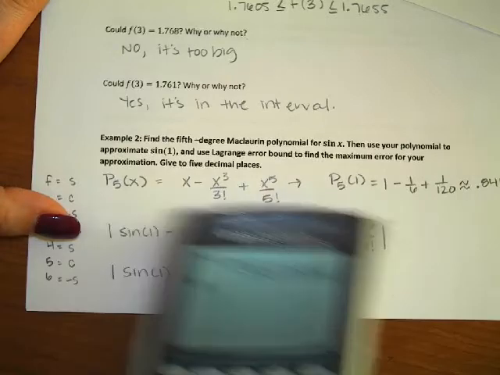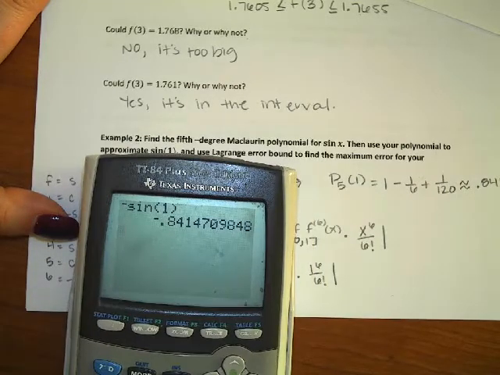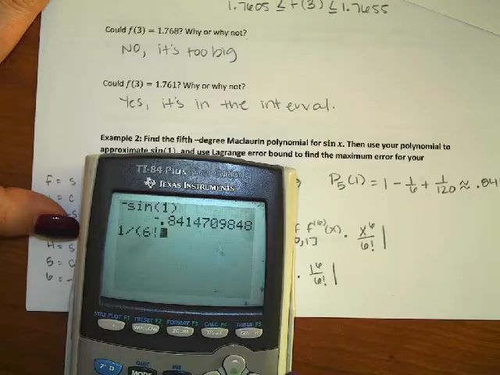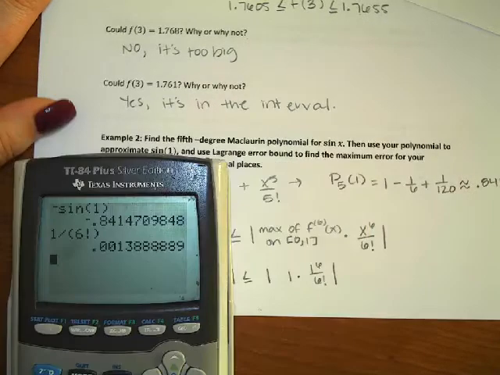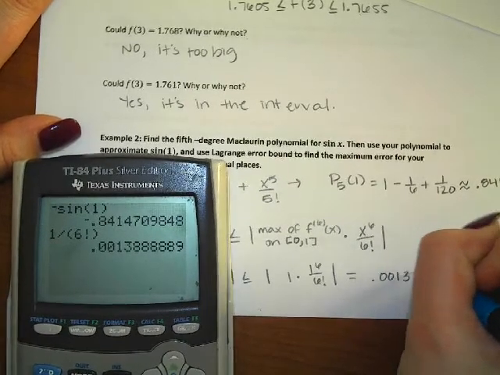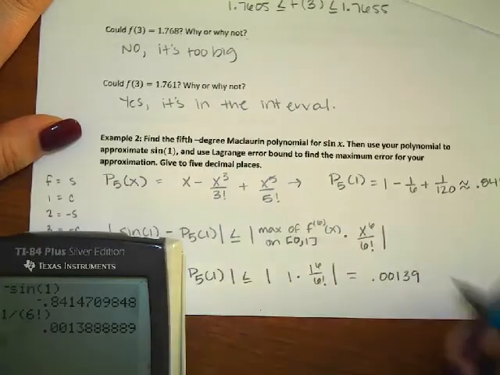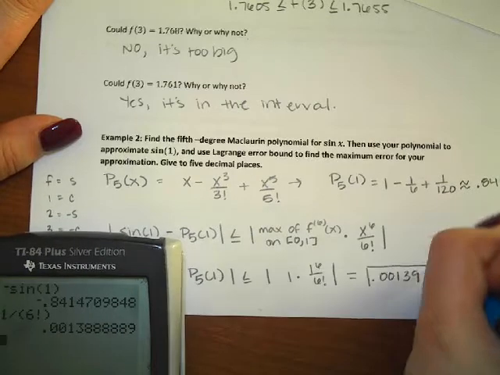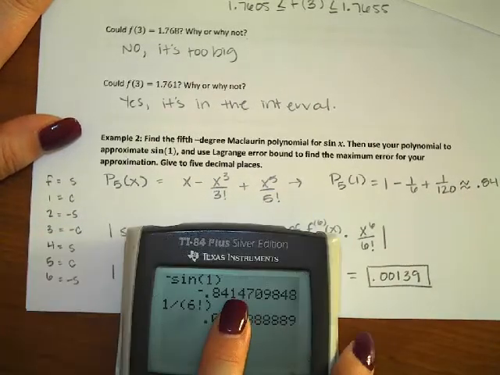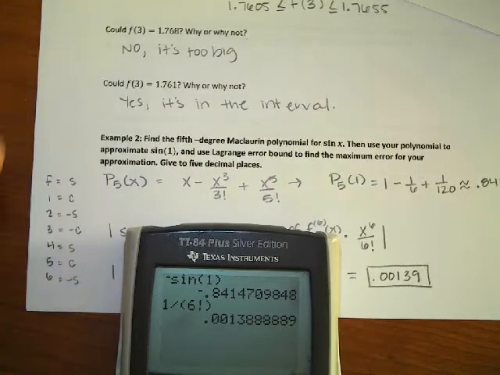And so the error is less than 1 divided by 6 factorial. I don't know what that one is. So 0.00139. Okay, so this is a good error bound for the problem. You could use this number right here. That would be a good error for the problem.